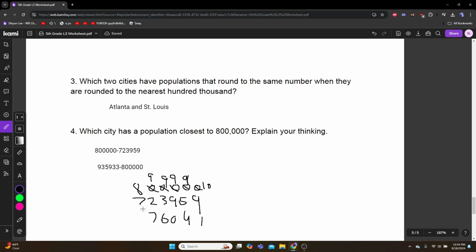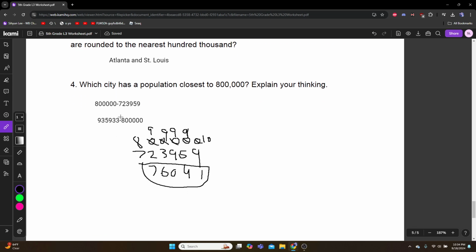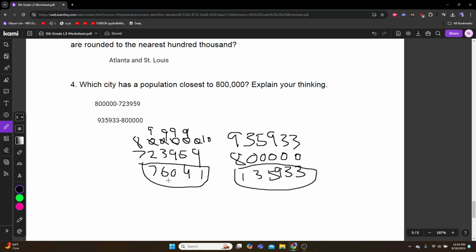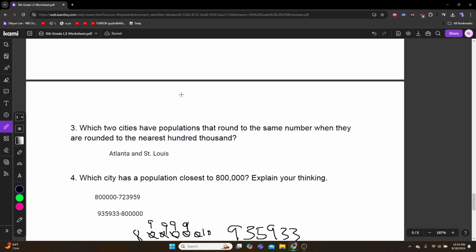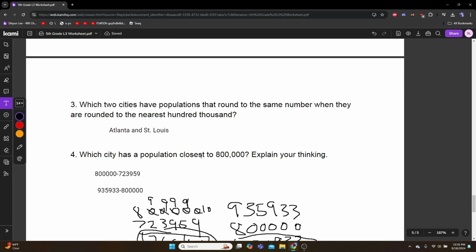So we get 76,041, and then for here 339,531. So we know that this is closer since this is less than this number. So we know that it would be San Francisco that is closer.